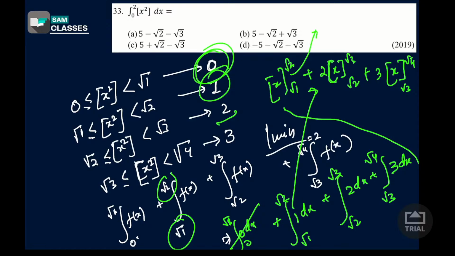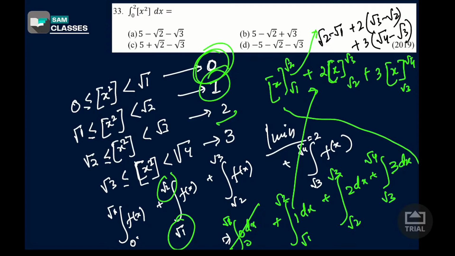What I'll get? Root 2 minus root 1, that is 1, plus 2 times of root 3 minus root 2, plus 3 times of root 4 minus root 3. Clear? Clear everyone?